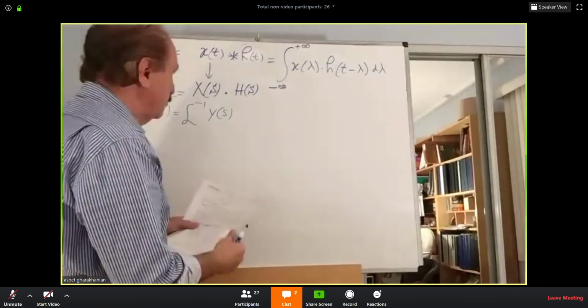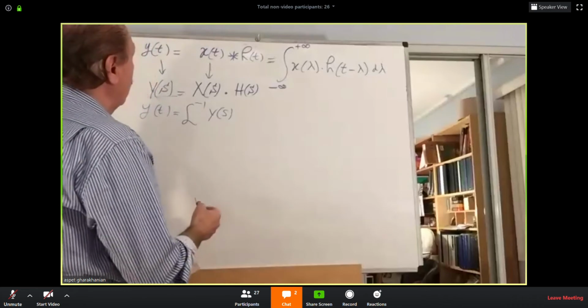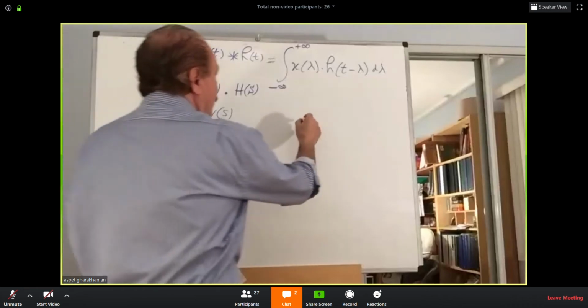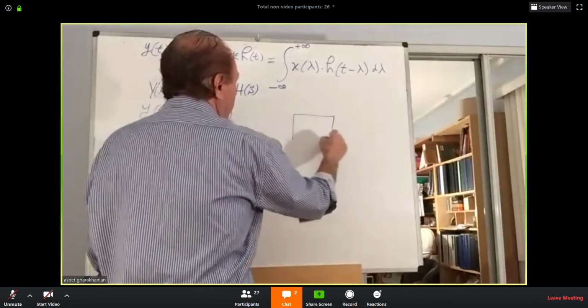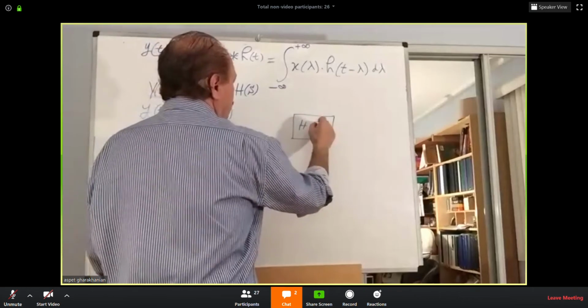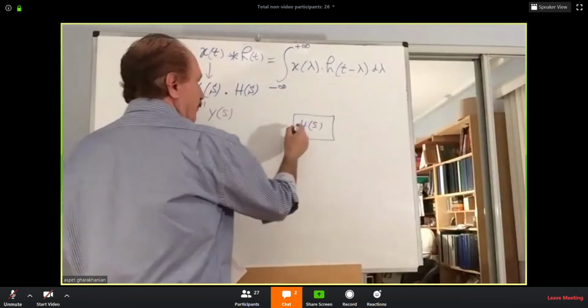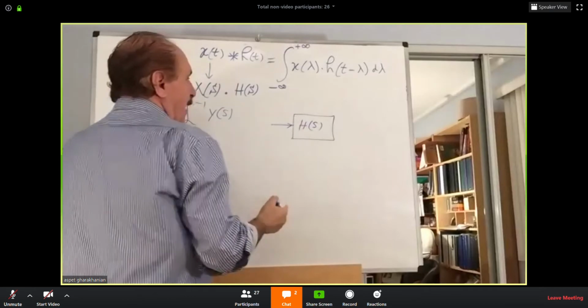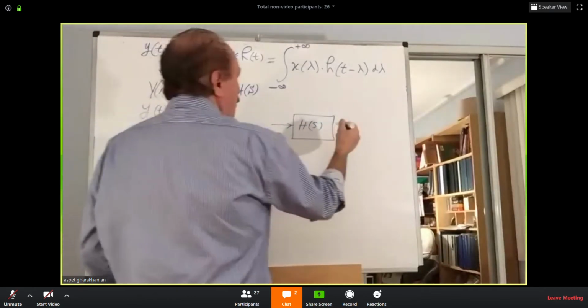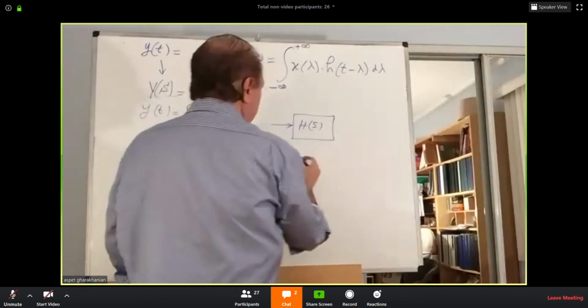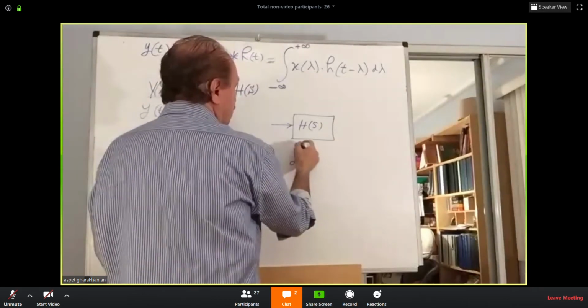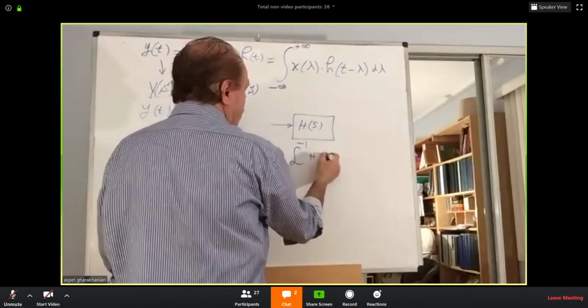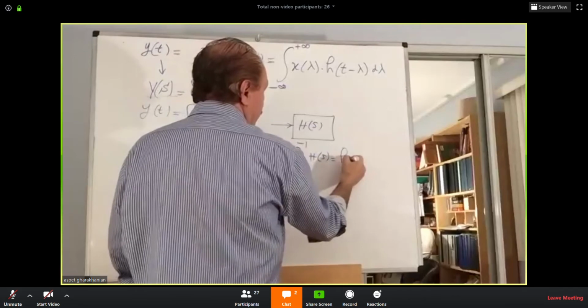What is the convolution? Okay. Say you have a system that has a transfer function of h of s. And you know what is the inverse transform of h of s. This is h of t.